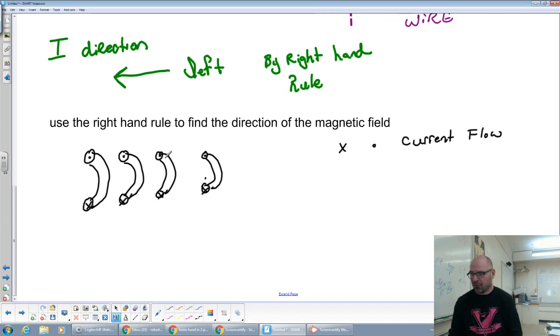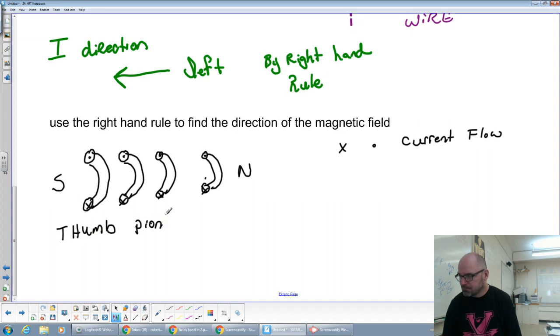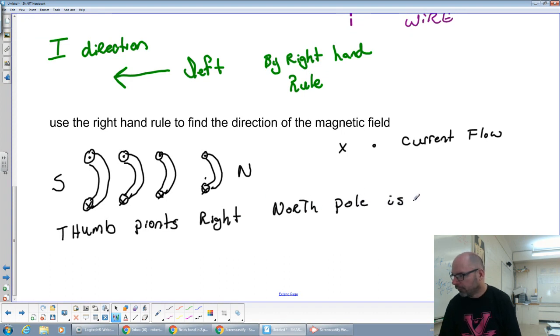That means our thumb is pointing to the right. So that means the North Pole is on the right side of the coil.